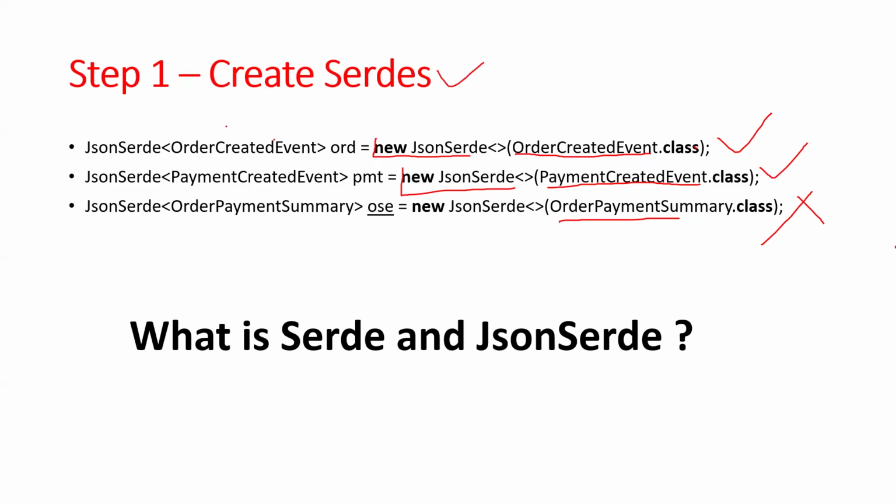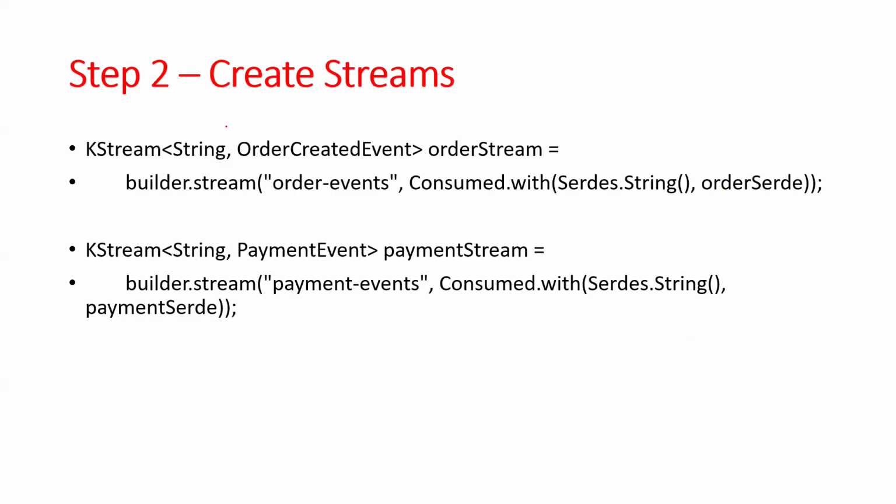Okay. Now, the second step, you need to create the streams. If you see here, using Kafka Streams, builder.stream. Here you are receiving data from the order microservice, order-events, and payment-events.